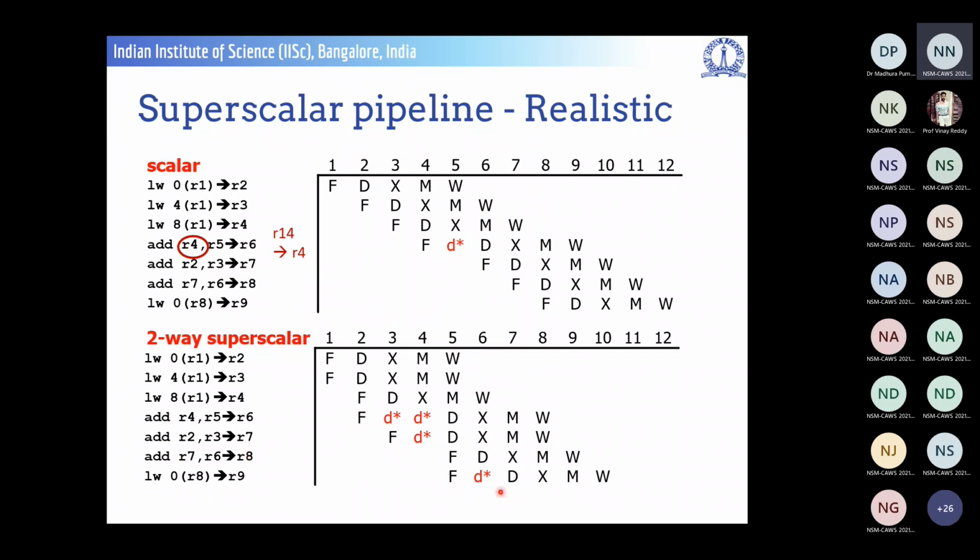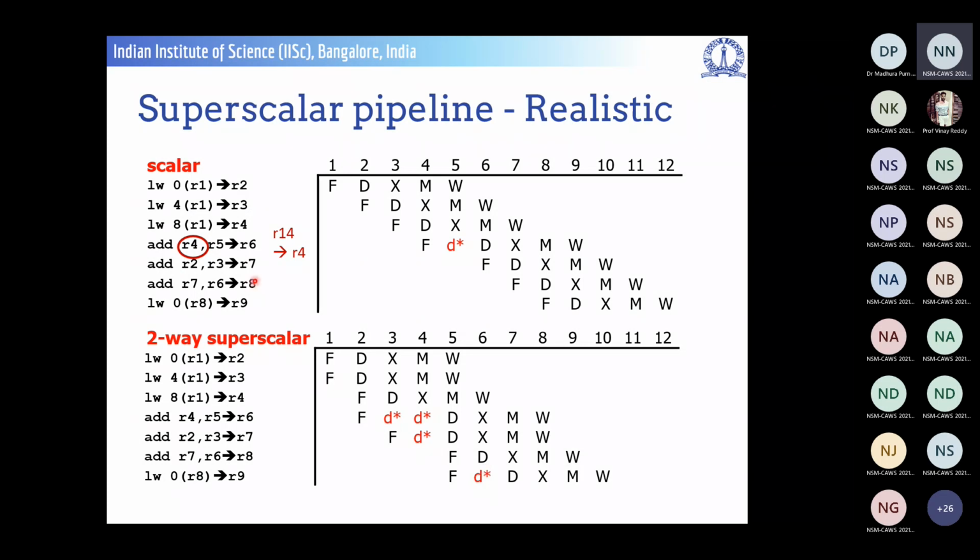Here also there is one more stall you need to add, because there is a dependence between R8 and R8 here. Unless this add instruction gets into the execute stage, this particular load instruction cannot get into the operand read stage. So what it means is that you have to put an extra bubble or stall here.